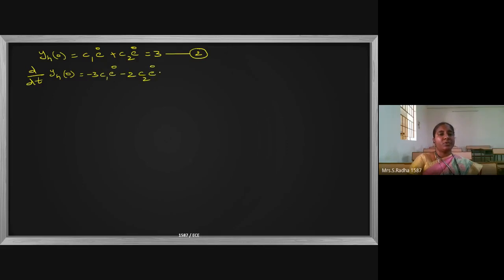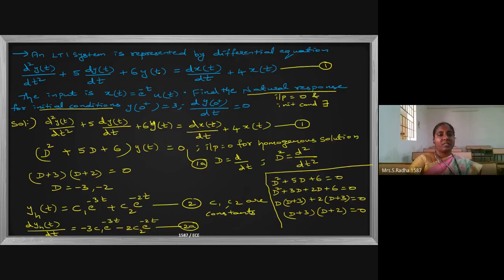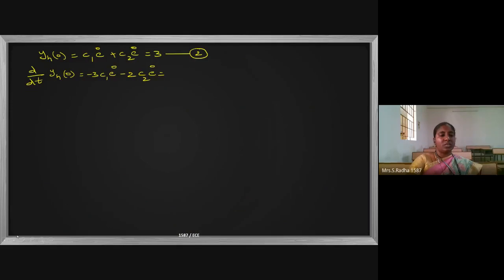The initial condition given in the question says the value is 0, so d by dt y of 0 is 0. That I will substitute here. This is from equation 2a.